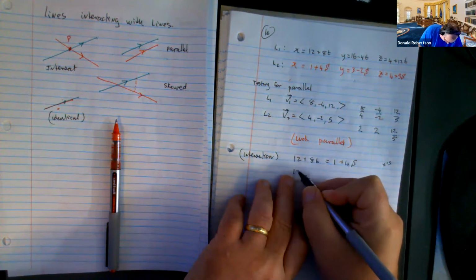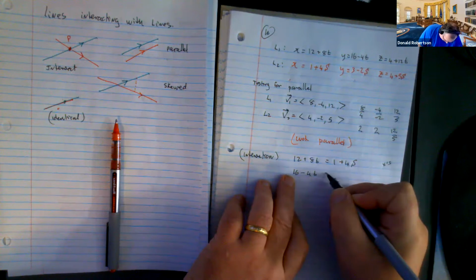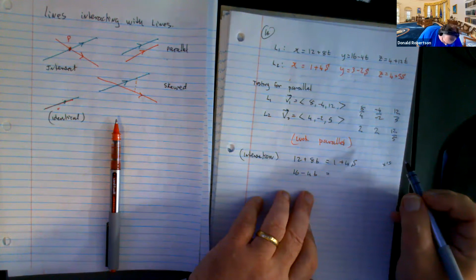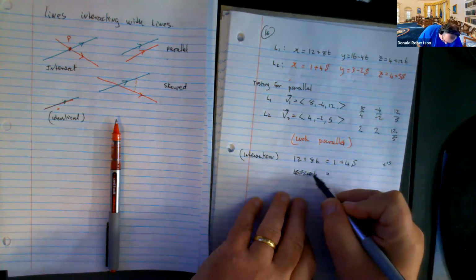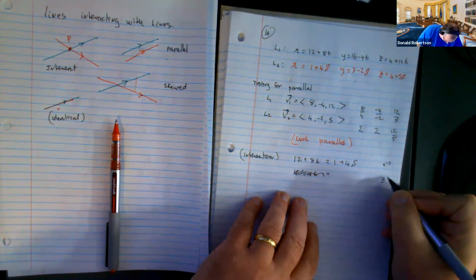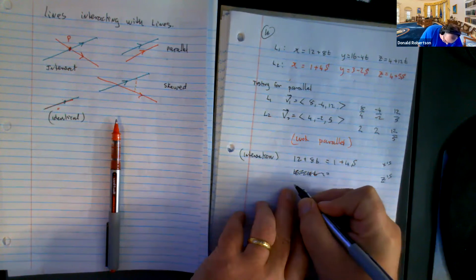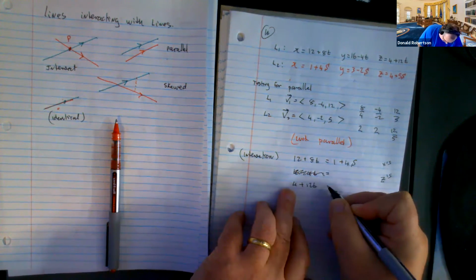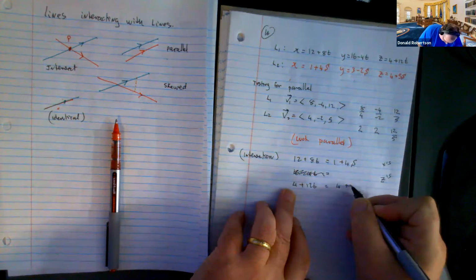So that's 16 take away 4t. No, I don't want to do that. I'm going to do x and the z's. And that means I'm going to match 4 plus 12t and 4 plus 5s.